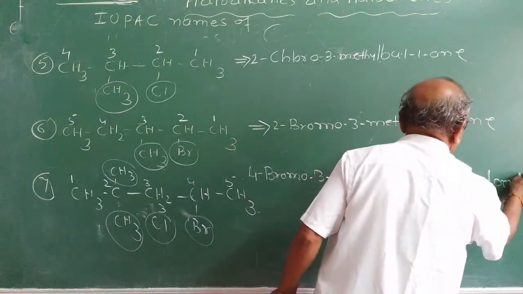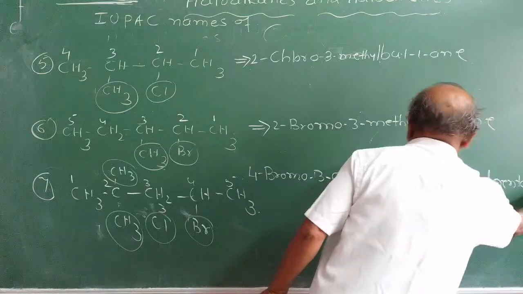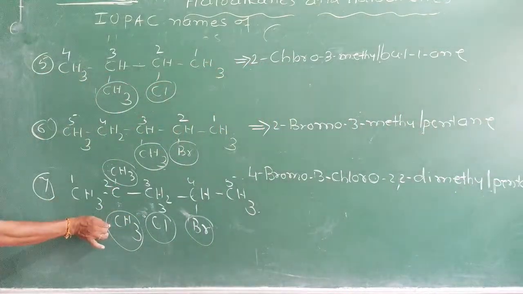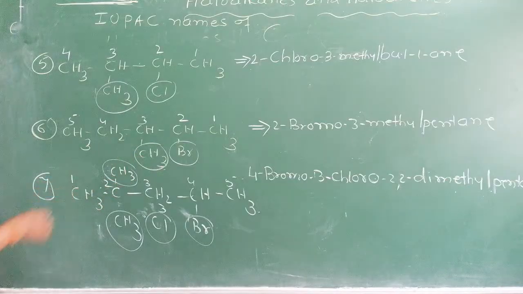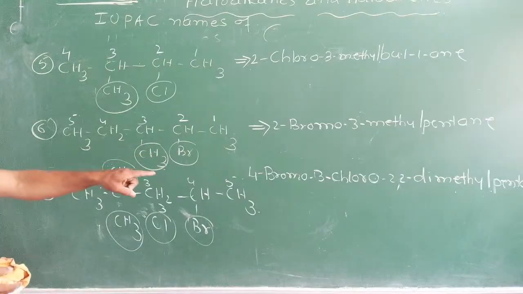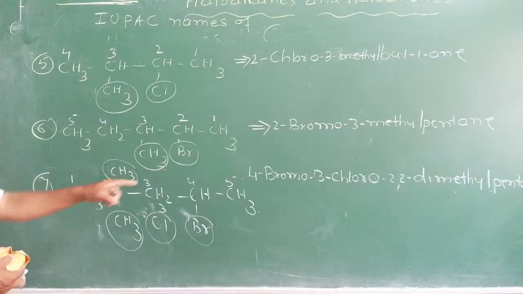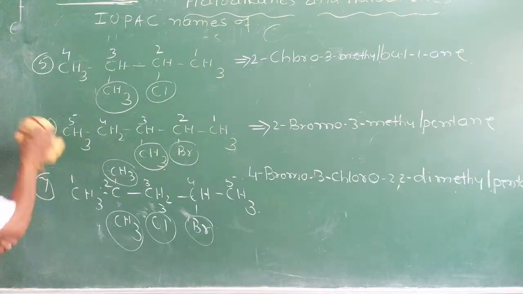I hope you understood. Whenever two alkyl groups are repeated on the same carbon atom, you have to repeat the locant and also use di, tri, mono. You can use 2,2-dimethyl propane.